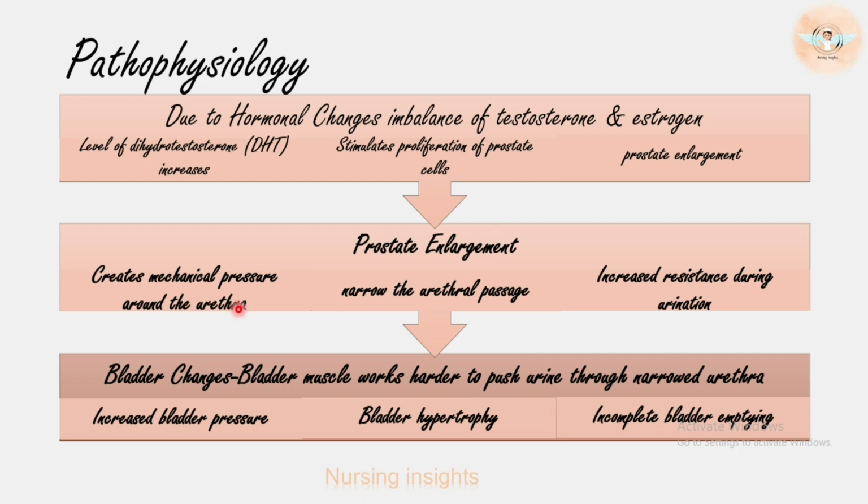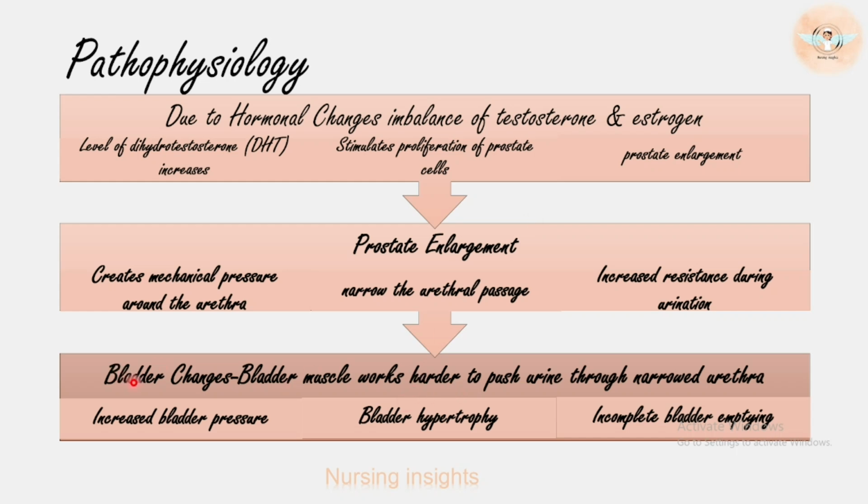Just imagine the urethra in your mind: when there is pressure from both sides, it narrows the urethral passage. As a result, the patient feels increased resistance during urination. So this will lead to the clinical features. If it is untreated, what will happen?